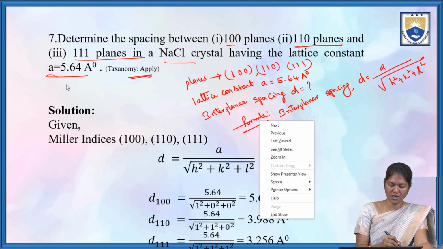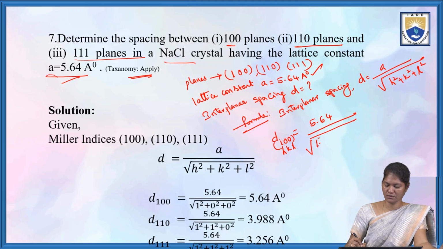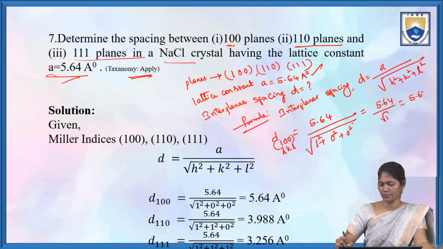So a is 5.64 angstroms divided by root of 1 square plus 0 square plus 0 square, which equals 5.64 by root 1, which is 5.64 angstroms.